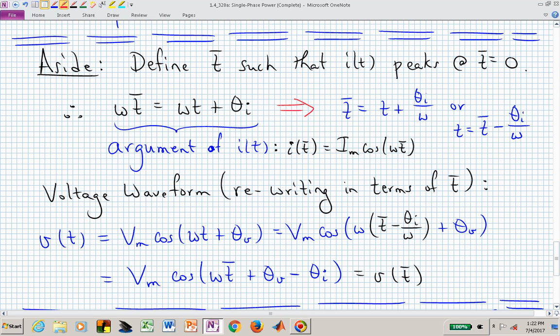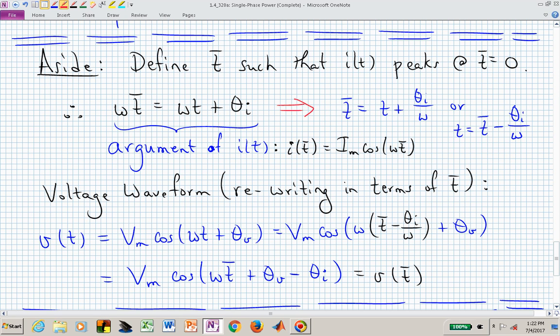Suppose we define a t-bar such that I of t actually peaks at t-bar equal to 0. So we're looking at the argument of our current, and we're saying instead of omega t plus theta sub I, let's just make that omega t-bar. And then that gives us a relationship between t-bar and t.